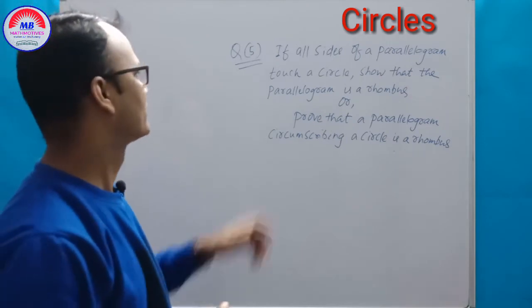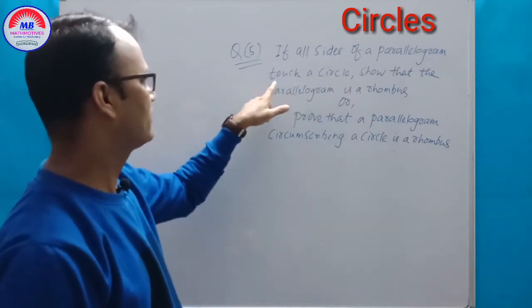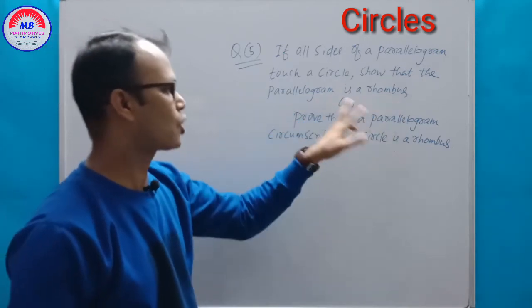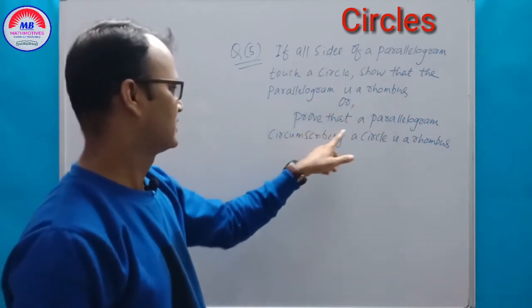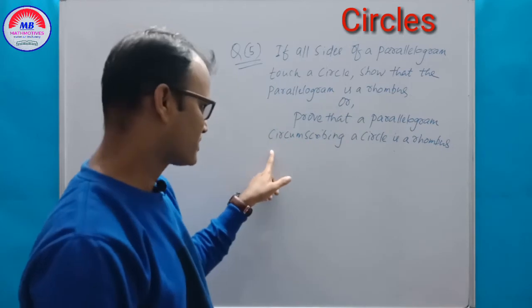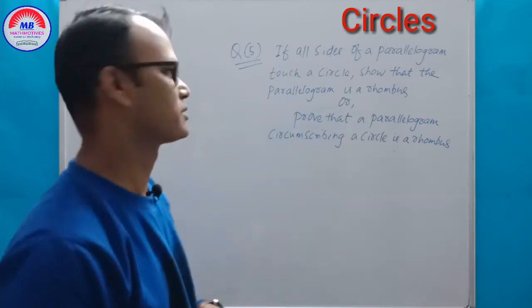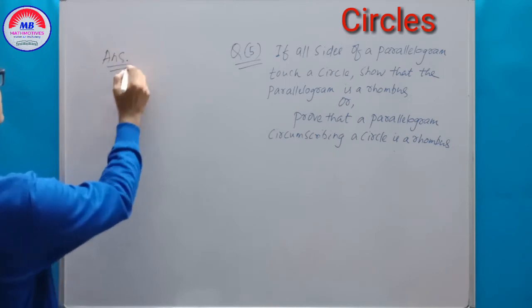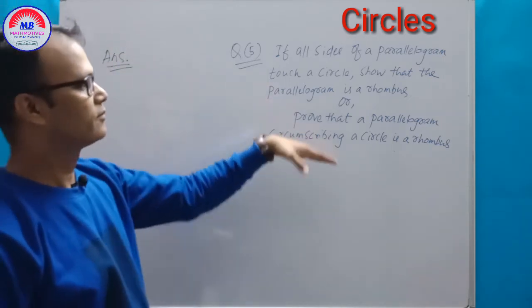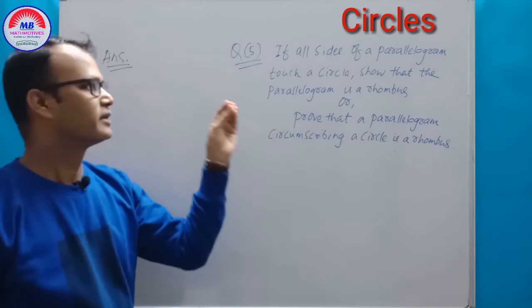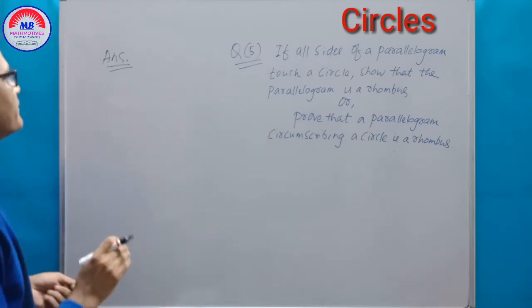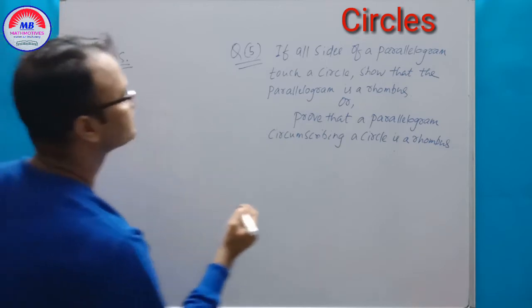Question number 5. If all sides of a parallelogram touch a circle, prove that the parallelogram is a rhombus, or prove that a parallelogram circumscribing a circle is a rhombus. Now see, this question can be easily proved by using the question number 4 concept. You see, what is given?